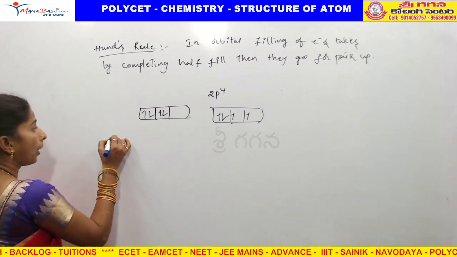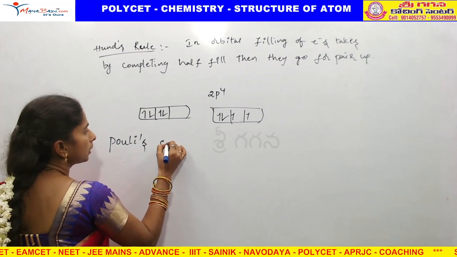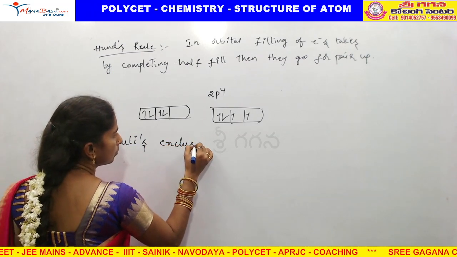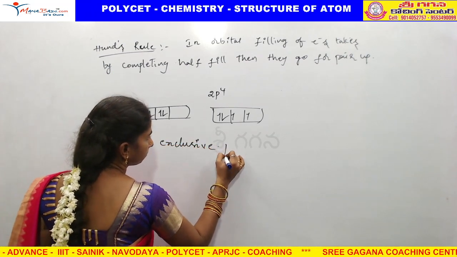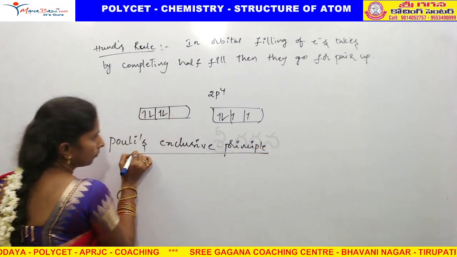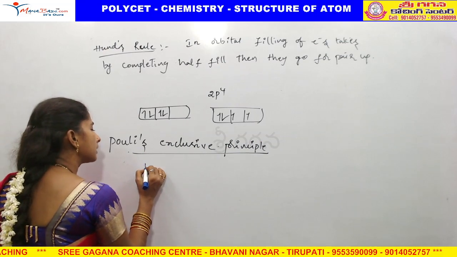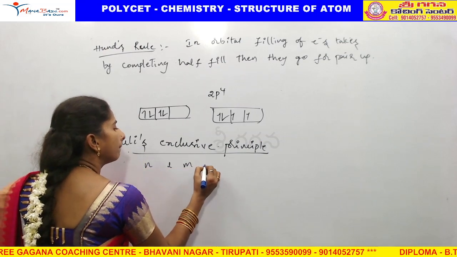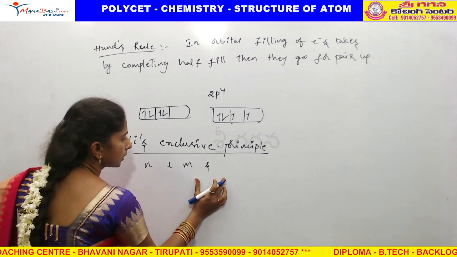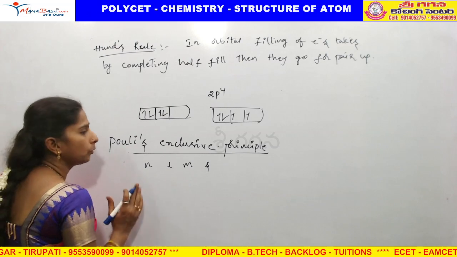After that, Pauli's exclusive principle. This principle is based on the 4 quantum numbers n, l, m, s. This set of 4 quantum numbers is not equal for any 2 electrons.